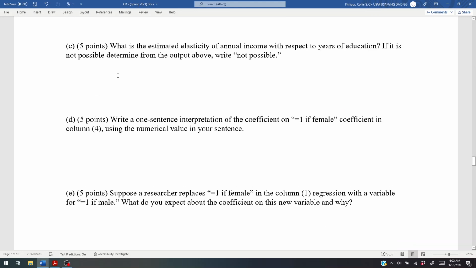Now, annual income with respect to education. I could go through the formula and try to calculate elasticity for every possible value of education and write a formula for these. But the model doesn't give me an estimated elasticity, right? It doesn't.